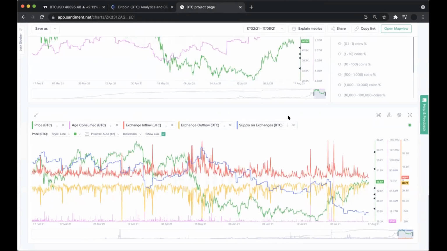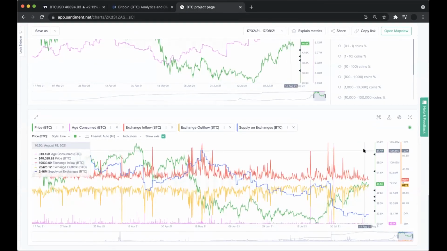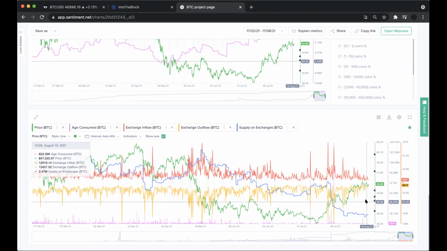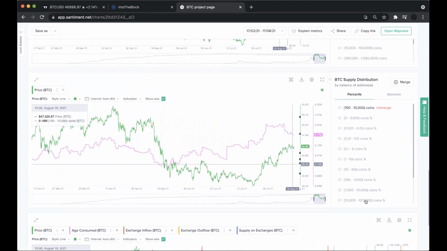Yeah, something that I wanted to point out, Akash, is that you were talking about the outflow of Bitcoin from exchanges, right? But the supply on exchanges since August 15th, basically over the past 2 days, has actually increased, from 2.46 million Bitcoin to 2.47 million Bitcoin.